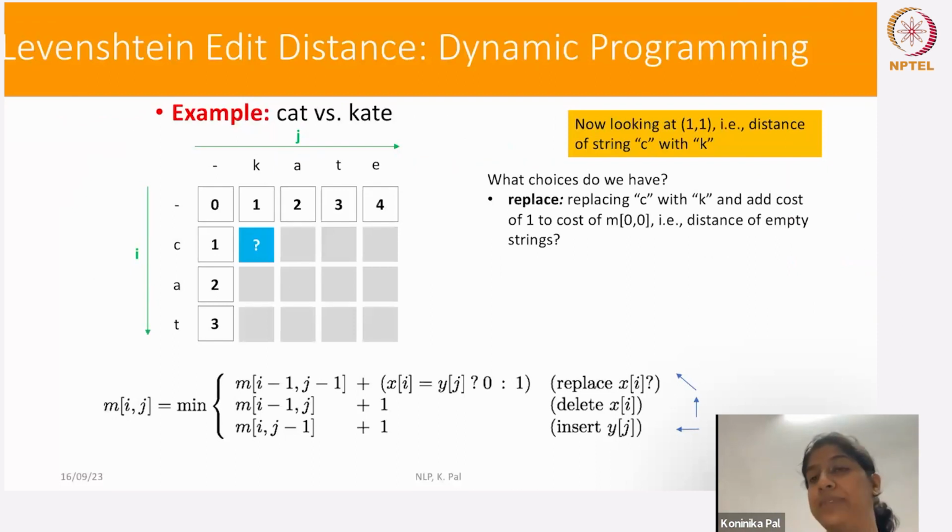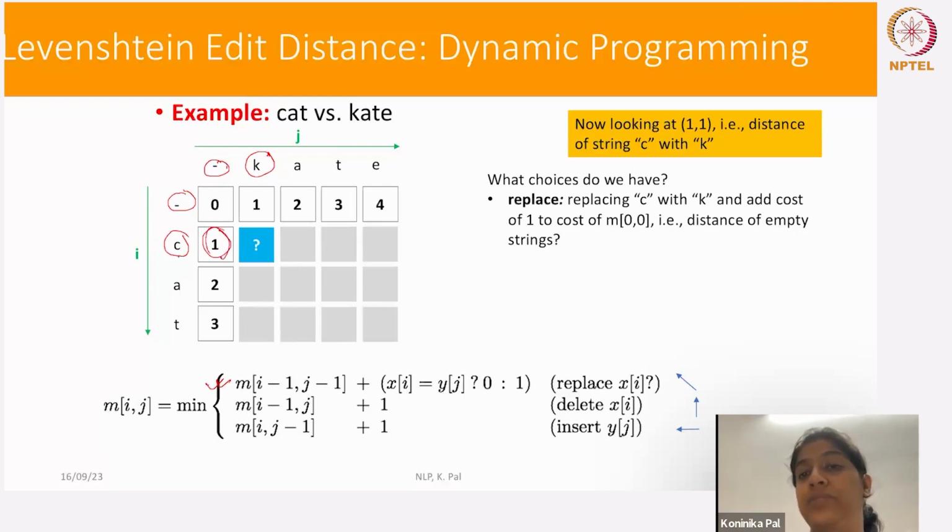What I'm saying is that to know how many minimal operations are required to change C to K, I need to know how many operations are required from this previous string, that is the first one, or how can I transform C to null.